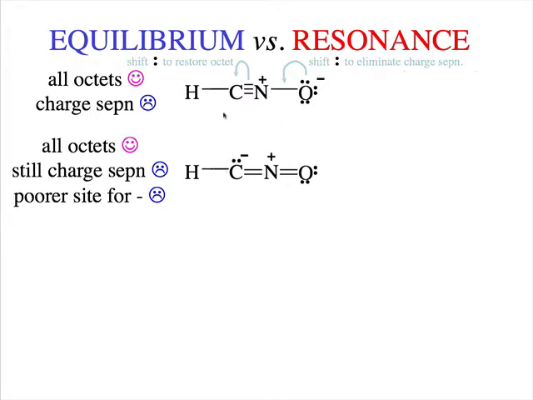Well, think about electronegativity. How happy are these atoms to have a negative charge? Oxygen is more electronegative than carbon, meaning that oxygen would rather have negative charge than carbon would. So we now have a poorer site for the negative charge on carbon rather than oxygen.